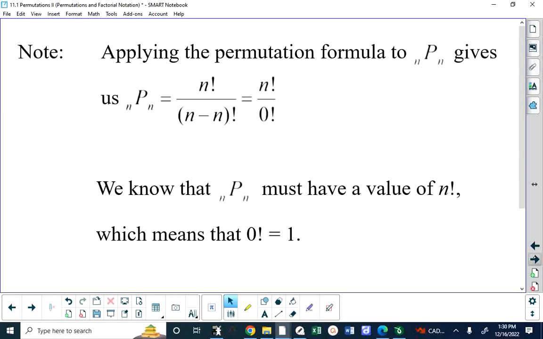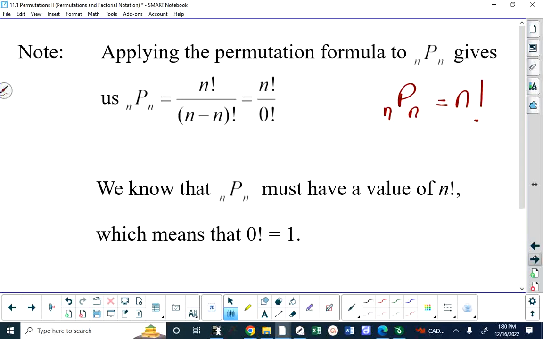Why is 0 factorial 1? If I said to you, how many ways are there to arrange n items all at a time? We know that's n factorial, don't we? How many ways to arrange 7 books on a shelf if we have 7 books to choose from? 7 factorial.